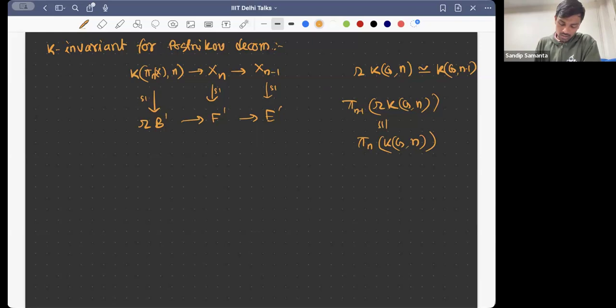So in this case, if I want omega B prime to be homotopy equivalent to this thing, I should take B prime to be K(pi n X, n plus 1), right? Then the omega of this will become homotopy equivalent to K(pi n X, n). So B prime is basically this thing, K(pi n X, n plus 1).